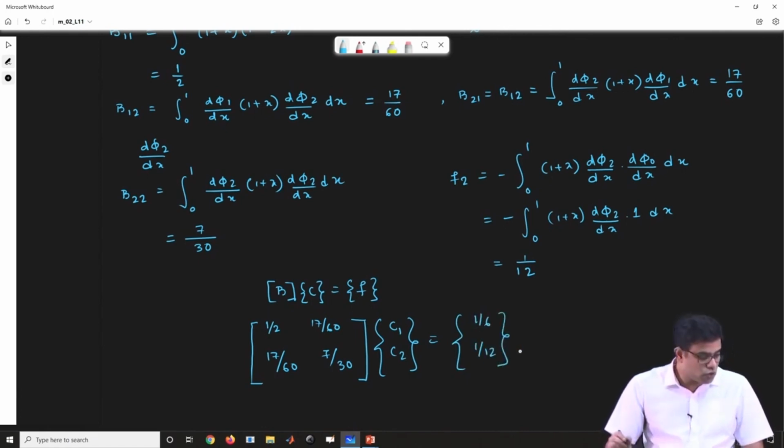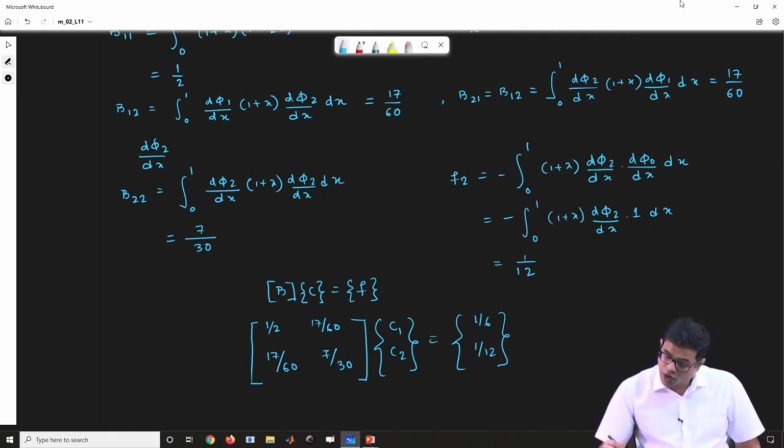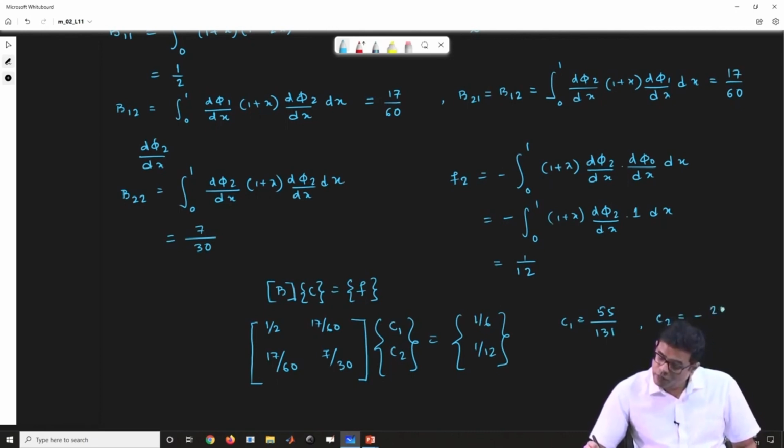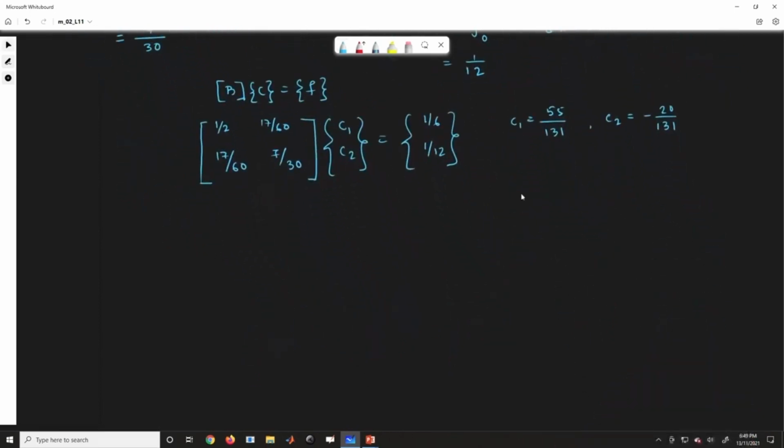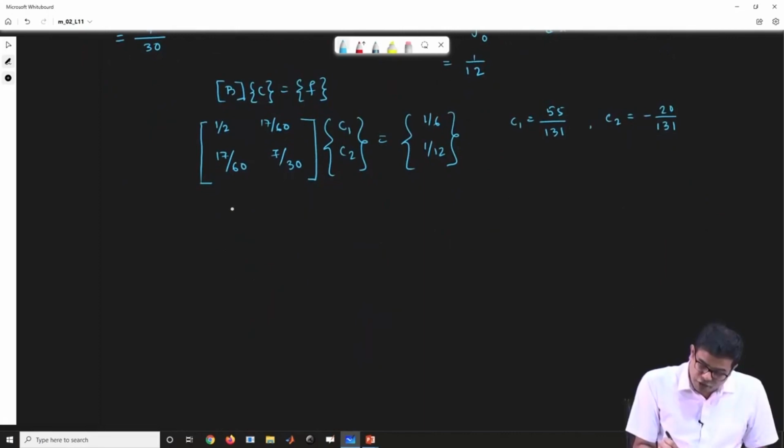If I now solve this, C1 will be 55 by 131 and C2 is minus 20 by 131. Once I solve this problem, I get the approximation for u.